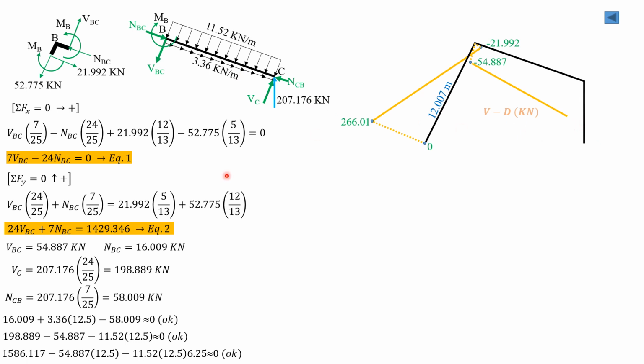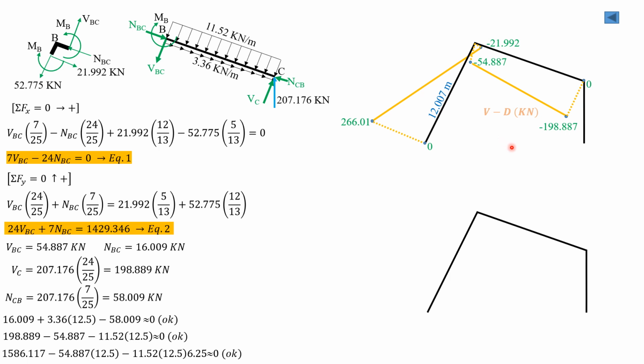It will give us more or less negative 198.889, and this is 198.889 for shear C. So that closes there, almost 0. And that's it, because in this portion the reaction is vertical, so there's no shear in this portion and there's no moment about that point. So that's the shear diagram.